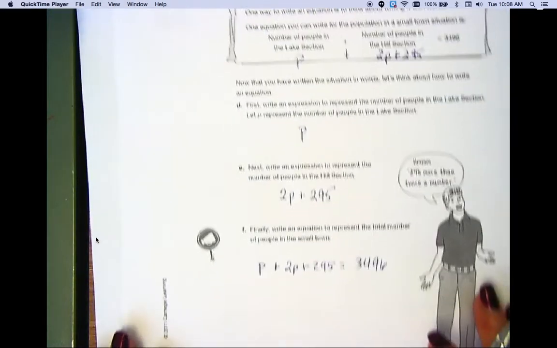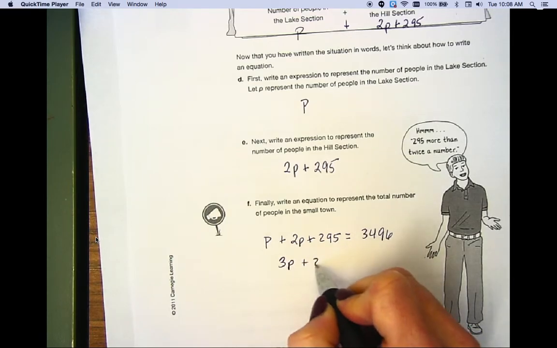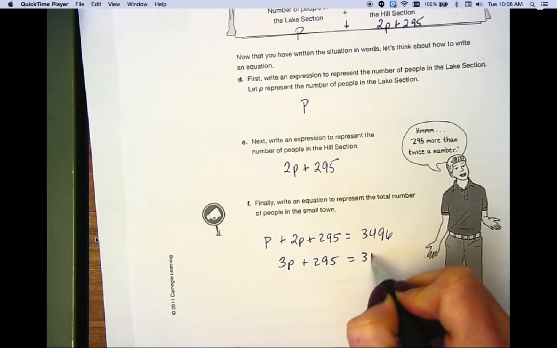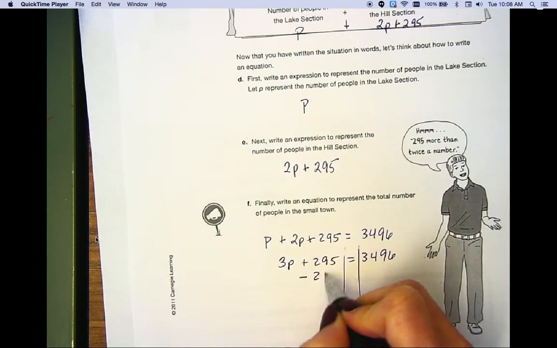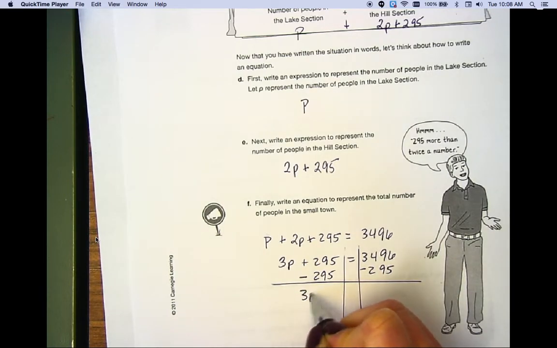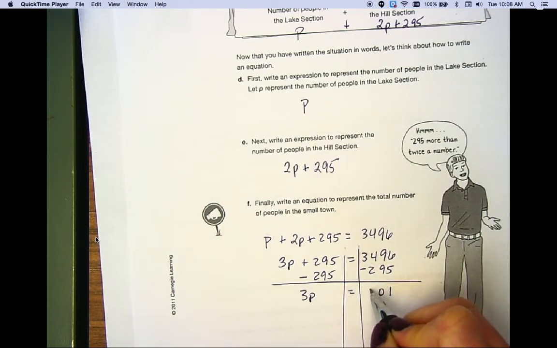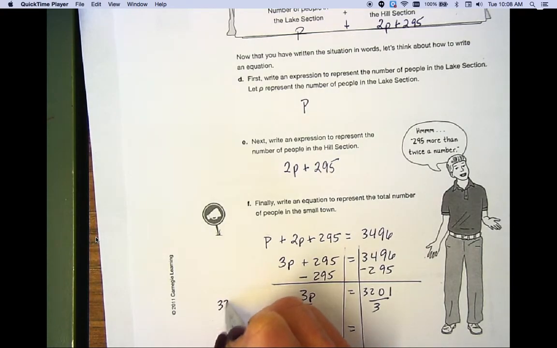Okay, we can actually solve this. If I combine like terms, I get 3P plus 295. Now if I subtract 295 from both sides, and if I divide both sides by 3, P equals 3,201 divided by 3.